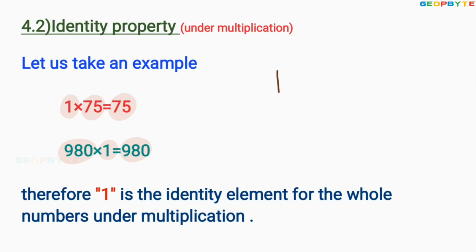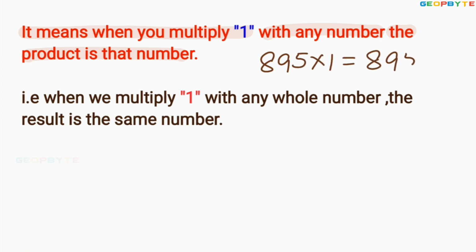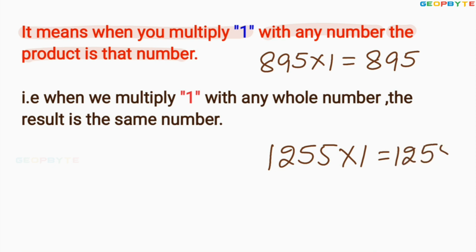The conclusions I wrote like this. Look at the conclusion. It means when you multiply 1 with any number, the product is that number only. When you multiply 895 with 1, the answer is 895 only. Similarly, 1255 multiplied by 1 is equal to 1255 only.